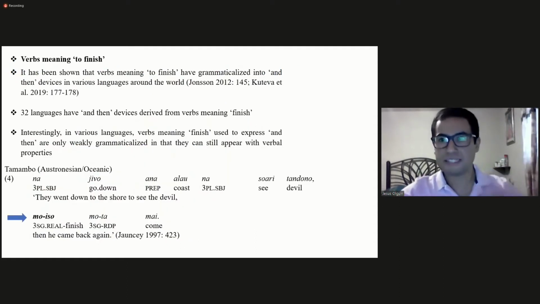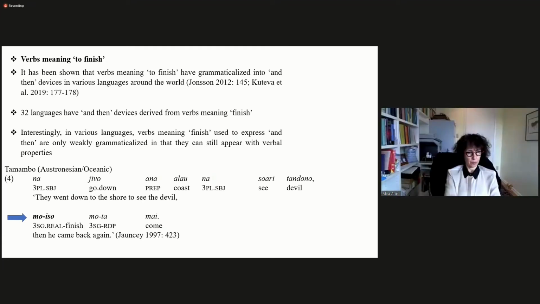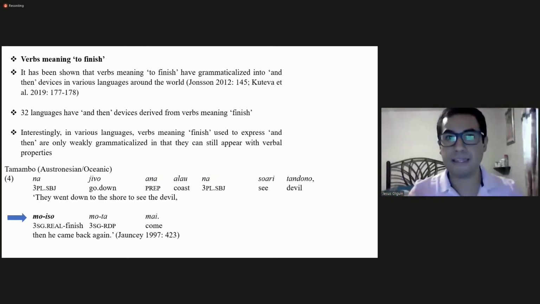And what about the second diachronic source? This is concerned with verbs meaning to finish. In 32 languages of the sample, we have and then devices derived from verbs meaning to finish. Interestingly, again, in various languages of the sample, these verbs meaning to finish are only weakly grammaticalized. What is this?